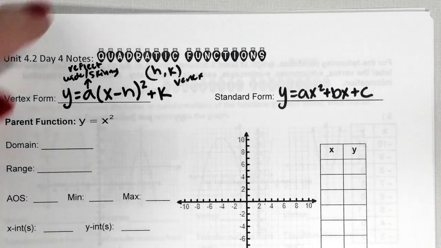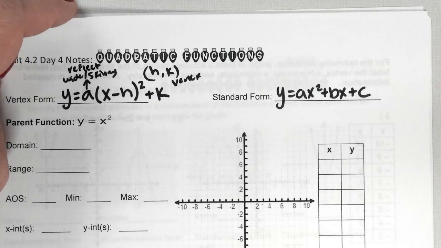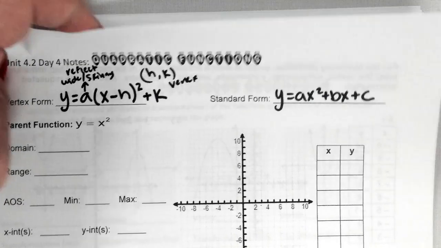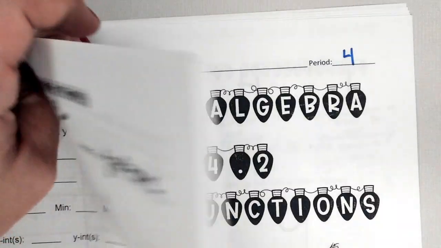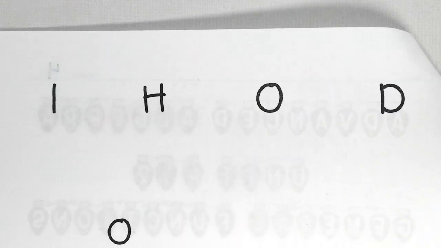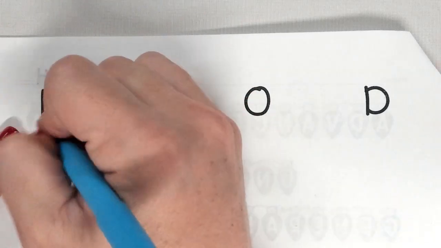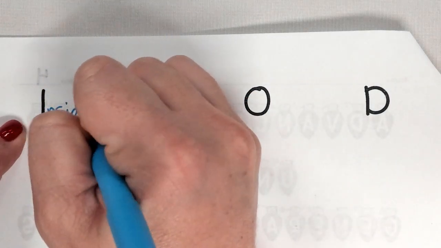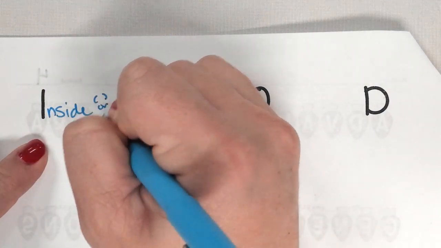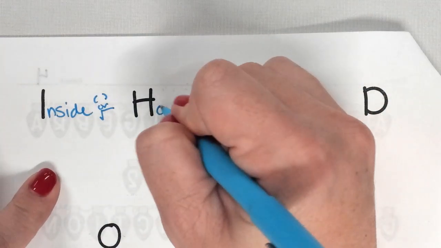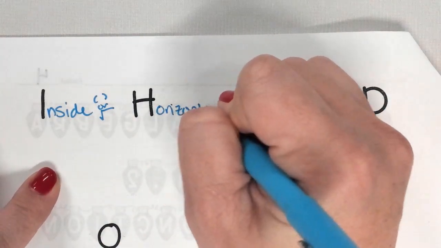Okay, now before we go any further, I want you to flip to the back of the front page of your packet where it says IHOD over. IHOD, does anybody remember what IHOD stands for? Inverse. And inside. So inside either parentheses or your house, it's a horizontal change.